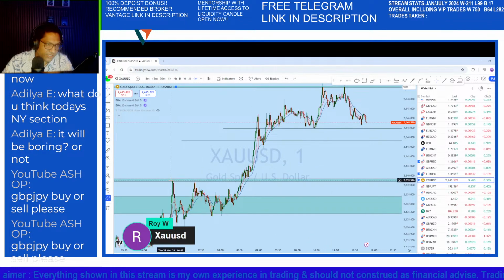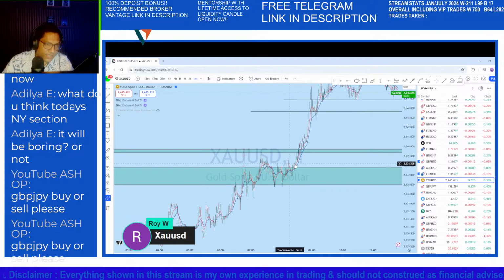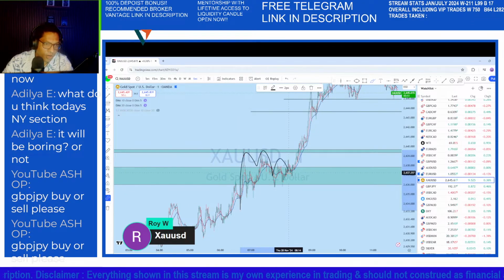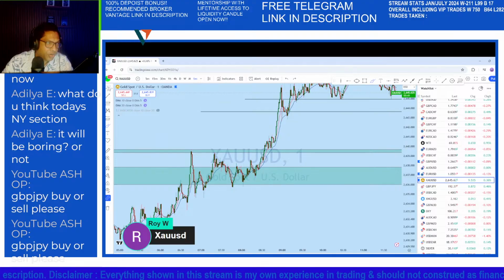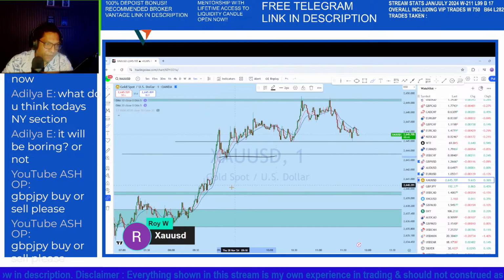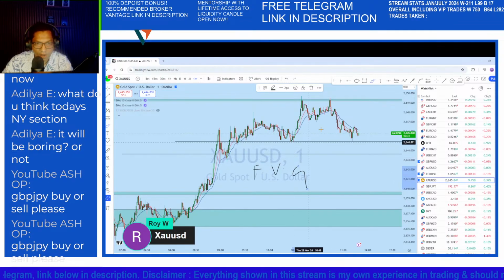Now you can see that if we look at the 1 minute, the trend was up here. So you can see the market trend is up. And in that uptrend, we see there is a gap here. So with that gap, it's a fair value gap, FVG.